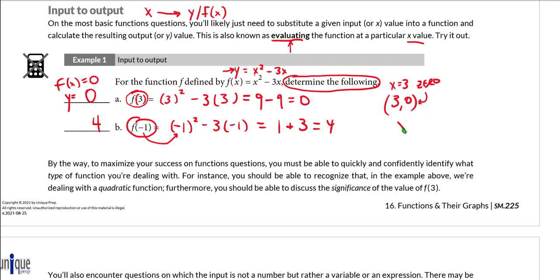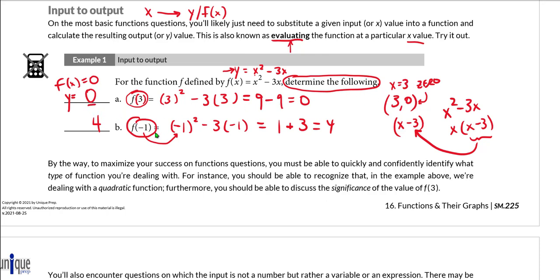It also means that x minus 3 is a factor of this function, and we should actually be able to see that, because if we were to factor x squared minus 3x, we pull out an x, and we are left with x times x minus 3. So there is that linear factor, which we can get either from factoring the quadratic itself or by knowing that 3 is a 0 of this function, which is what we determined here.